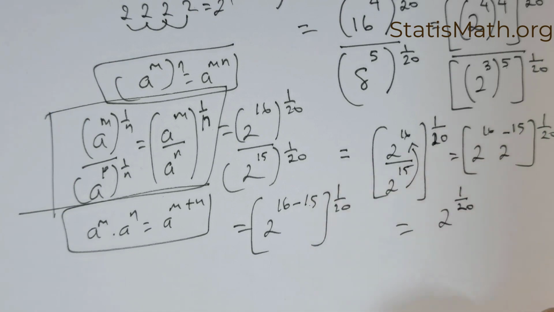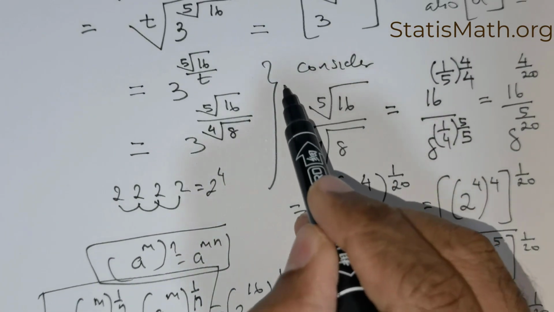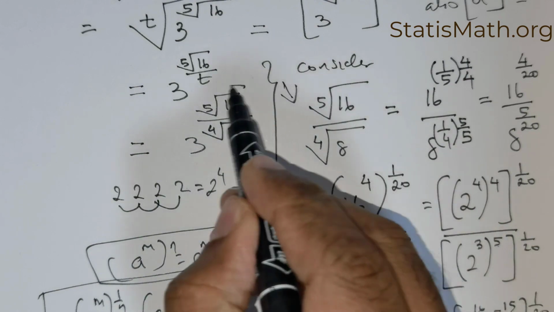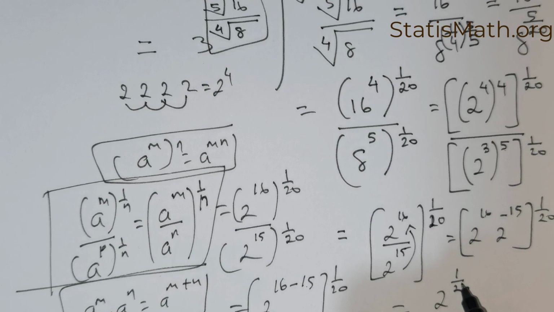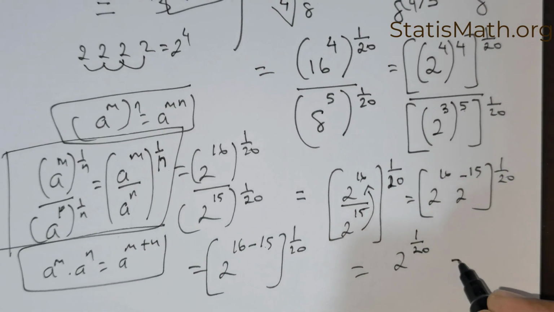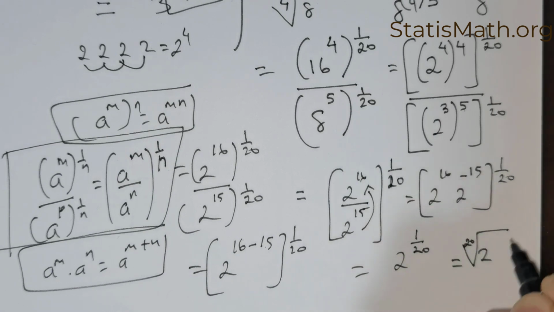So all the simplification is for this quantity. We just started off with this, right? So in place of this, I would have to substitute 2 raised to the power of 1 over 20. Actually this is 1 over 20, right? So I can always represent it like this, 20th root of 2.